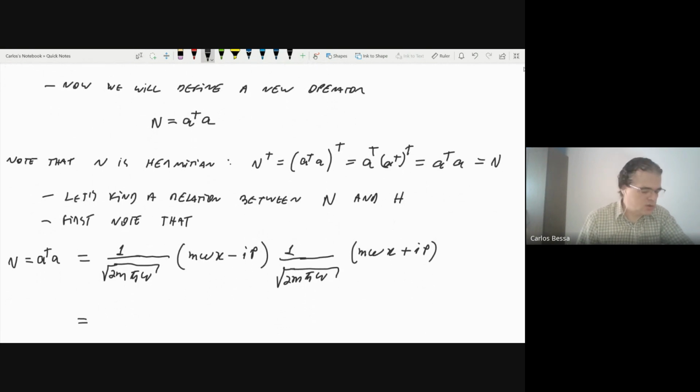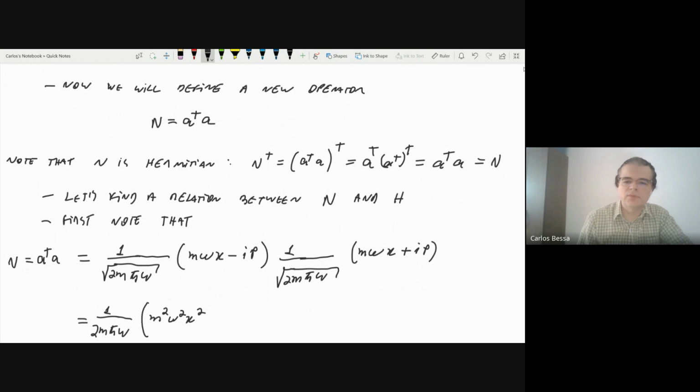So we can simply expand this, 1 over 2m h bar omega, and we can write this term multiplied by this term: m squared omega squared x squared.